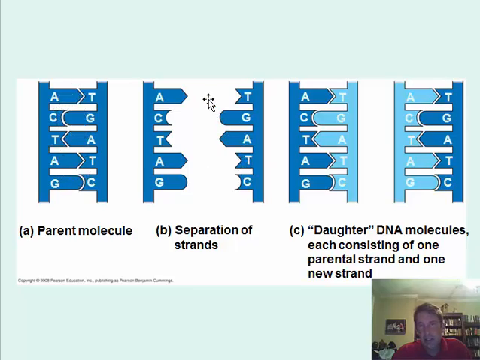And so here's our DNA strand, and it splits apart. And new nucleotides will come in and attach to these open ends of the nucleotides on each side. And so the light blue over here are the new nucleotides that have come in. And so now we have two strands. The dark blue is from our original DNA, and our light blue is new nucleotides that come in to complete these two daughter DNA molecules.